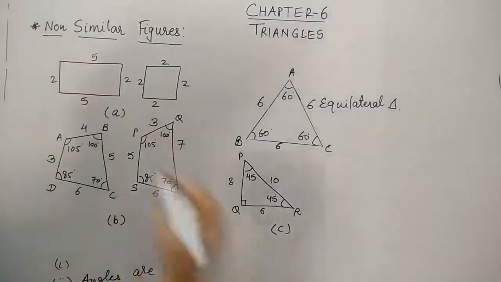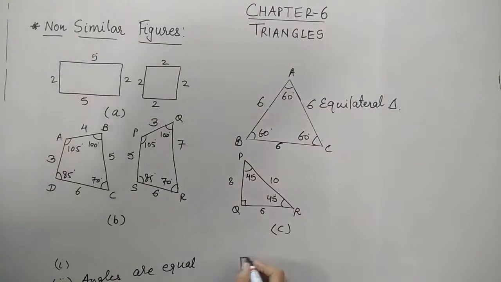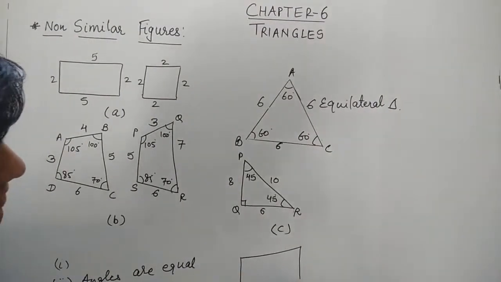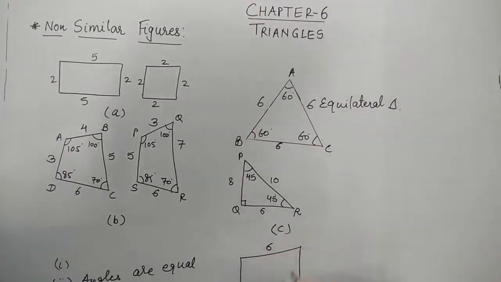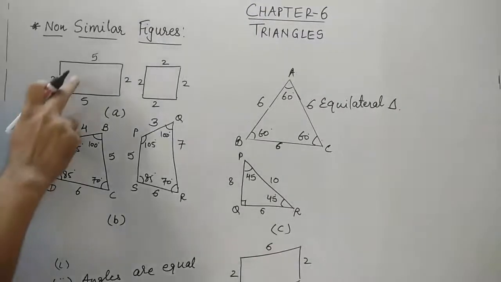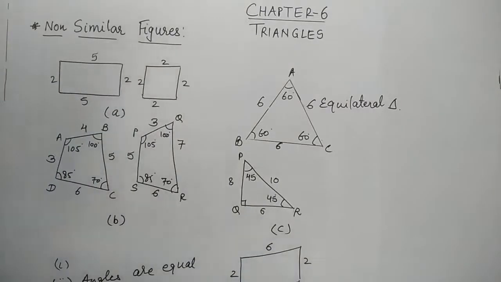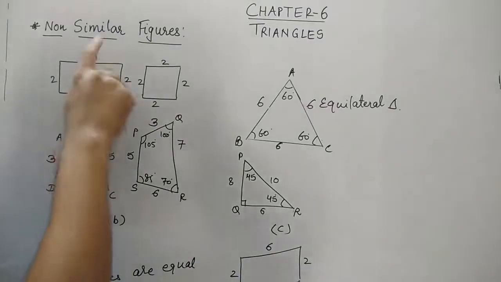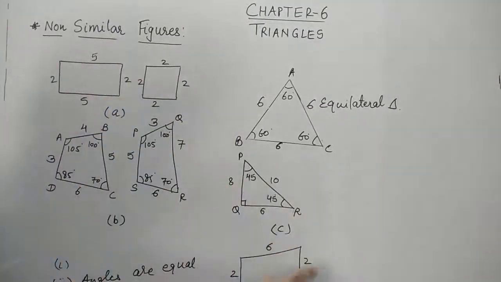Let me compare this rectangle with another rectangle. I'll take this as 6, this is 2, this is 6 and this is 2. Now if I compare this rectangle and this rectangle, again we can say that they do not have the same ratio of the sides: 5/6, 2/2, 5/6 and 2/2.